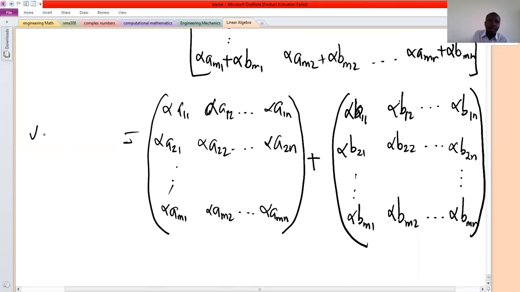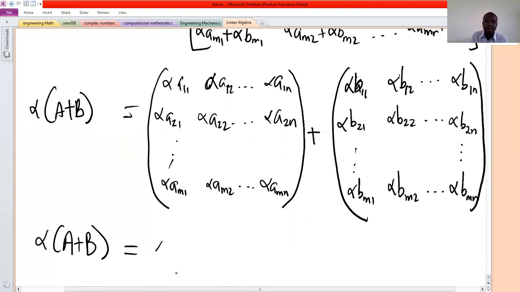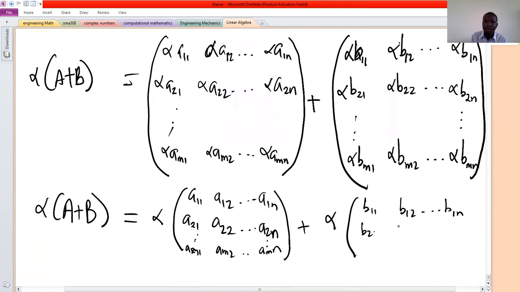Now in this one here, remember we have alpha into A plus B. Because alpha is on every element, it must have been alpha times the matrix of aij's, so alpha into a11, a12, up to a1n, a21, a22, up to a2n, and am1, am2, up to amn, plus, also here alpha is common, so we factor it out, b11, b12, b1n, b21, b22, up to b2n, bm1, bm2, up to bmn.